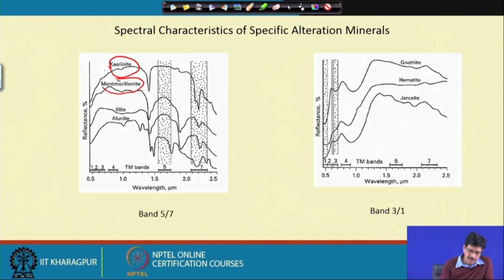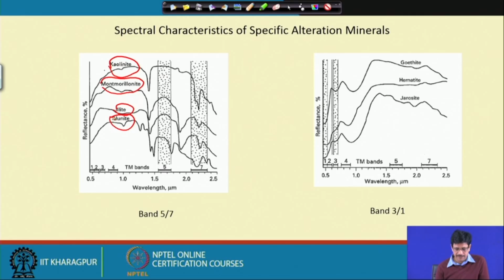Montmorillonite is a clay which is present in many of the alteration zones. Illite, this kind of alteration zones are present sometimes in the VMS deposit, and kaolinite and alunite, as you have seen, is a potassium aluminum sulphate, is very characteristic of the advanced argillic alteration in a porphyry copper deposit.